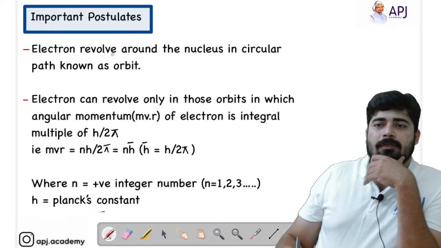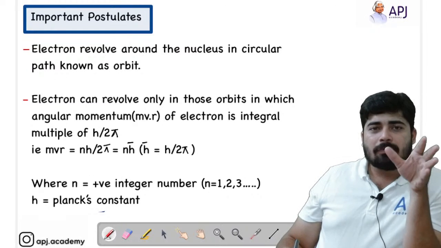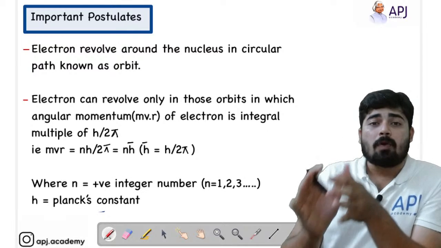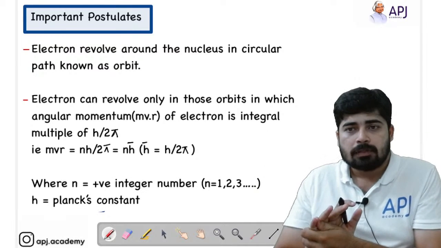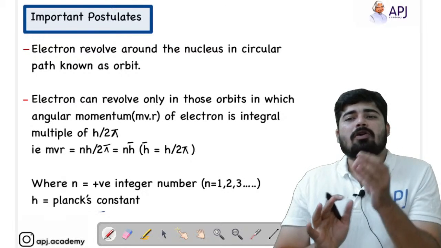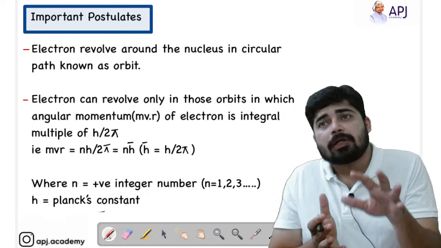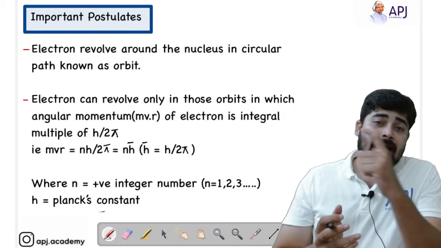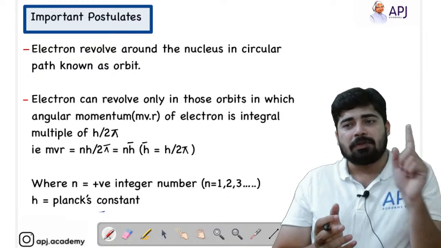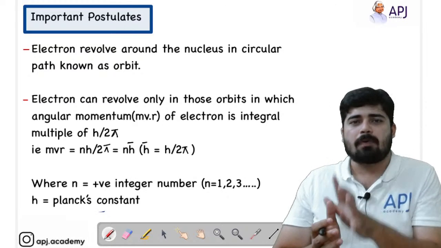Now we are going to discuss the important postulates of the Bohr model. The very first important postulate that Bohr told about his atomic model is that the electron revolves around the nucleus in a circular path.